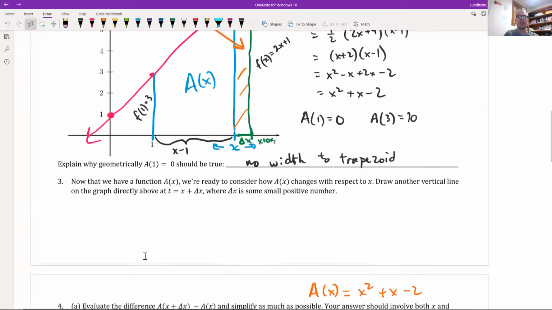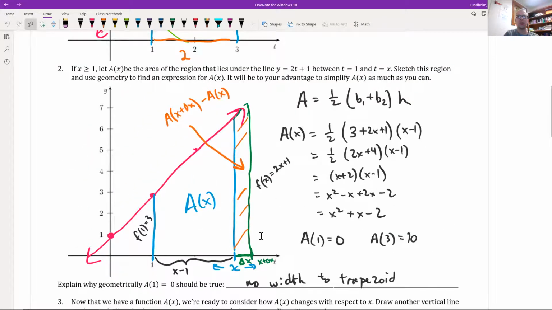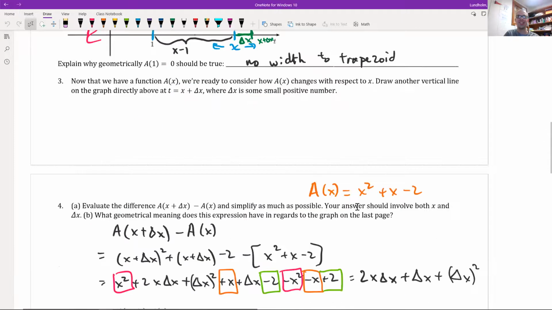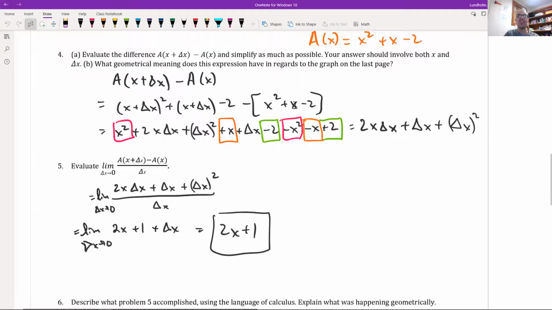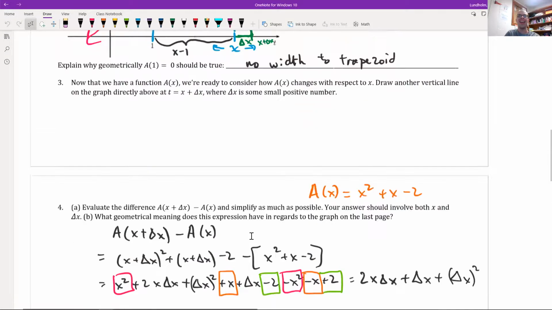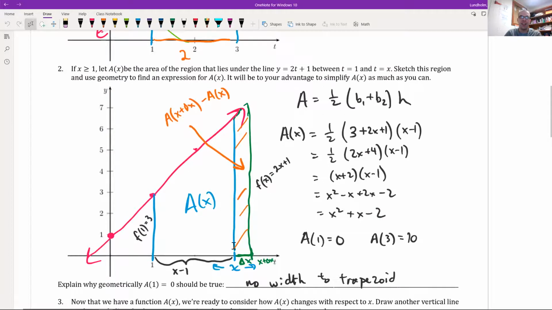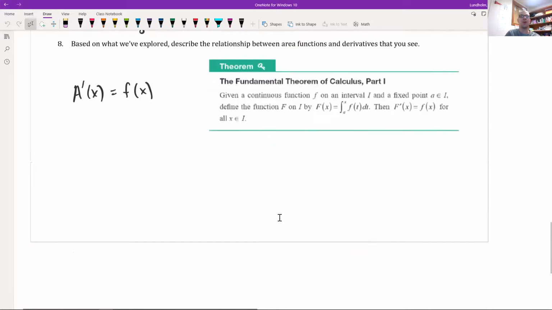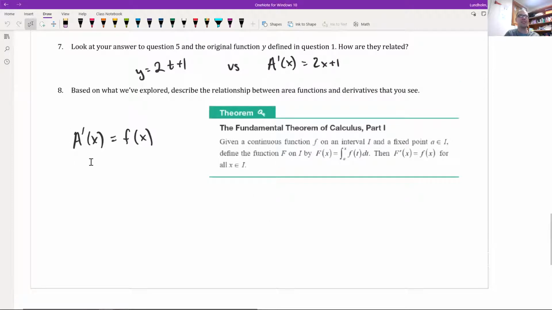So if we go up here, we created an area function. We took the limit definition of the area function and got 2x plus 1, and that ended up just being the y value for this line when you put in x, 2x plus 1, same thing. So I might summarize it as: the derivative of the area function is the original function.